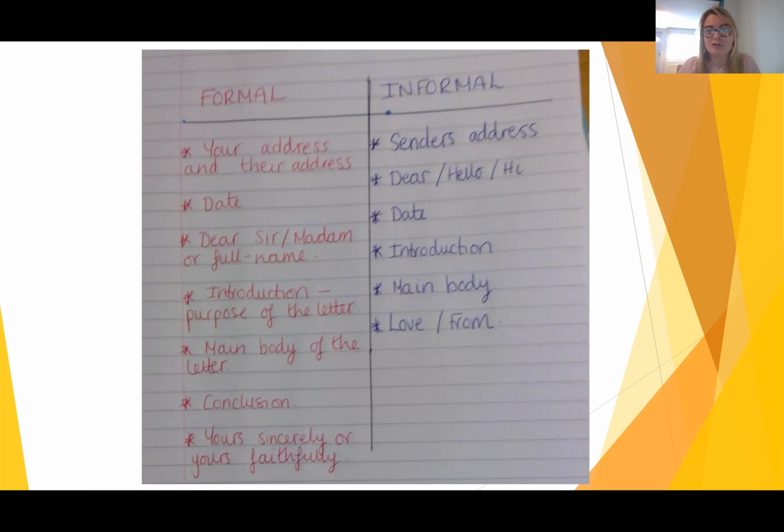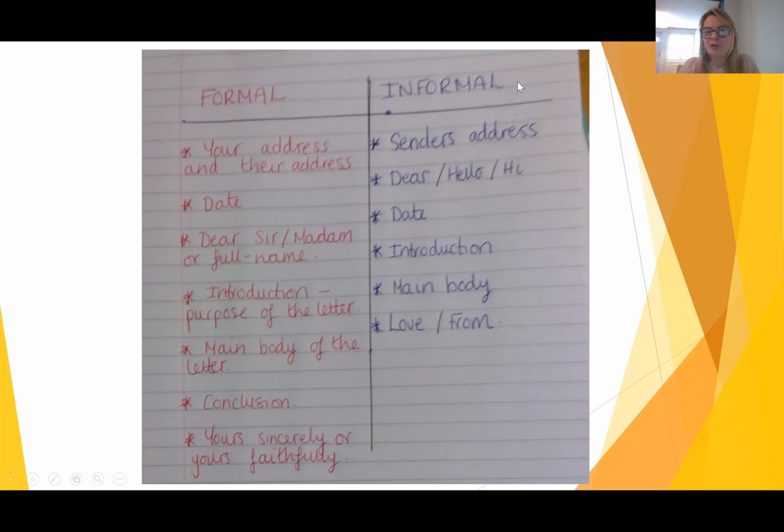It also has the date, starts with dear sir or madam, or uses the full name, so first name and surname. It has an introduction where it states the purpose of the letter, so why they're writing the letter. Then there's the main body of the letter, and the conclusion. And then it signs off with yours sincerely or yours faithfully.